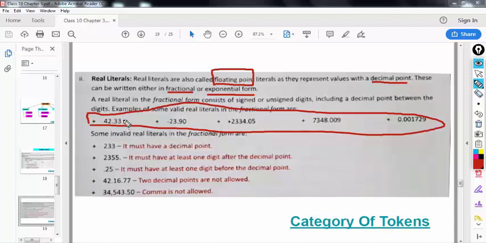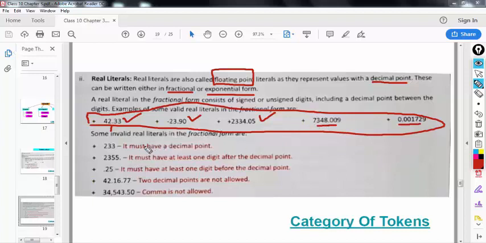So the first one is 42.33, you can see the point here. This one is minus 23.90, this one is plus 2334.05, this one is 7348.009, and this one is 0.001729. All these are examples of fractional real literals.